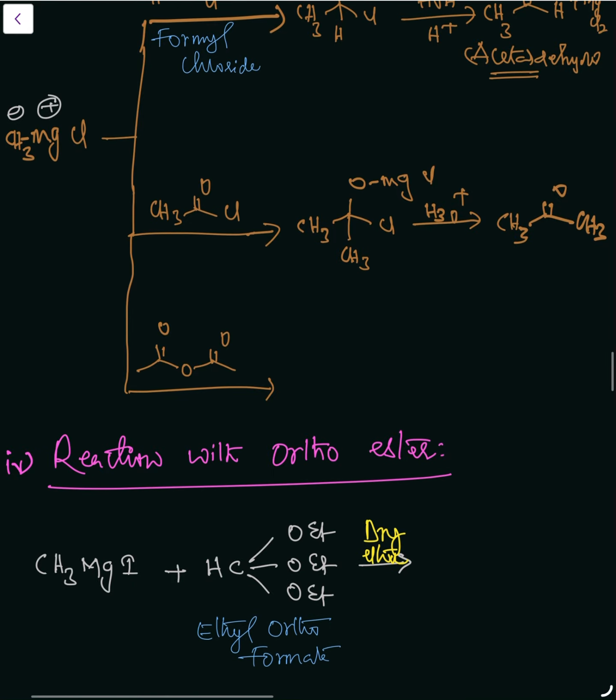Next, acid anhydrides. For example, acetic anhydride, if we consider here, this is CH3, this is also CH3, this is nothing but acetic anhydride.